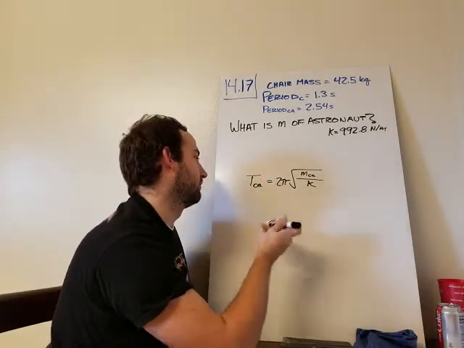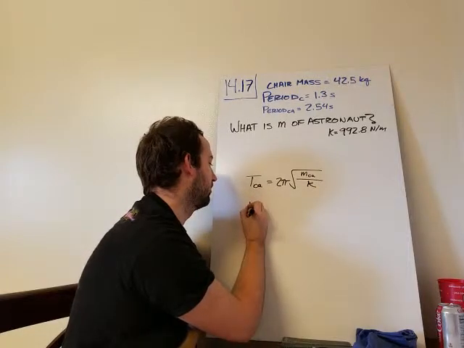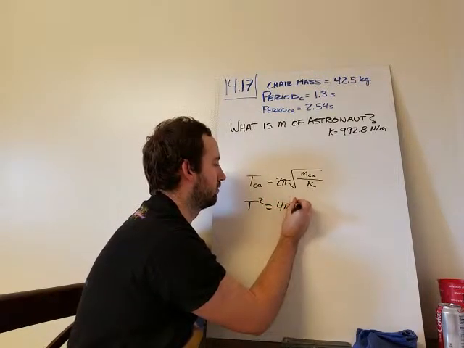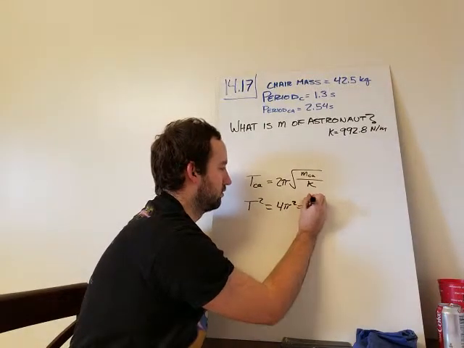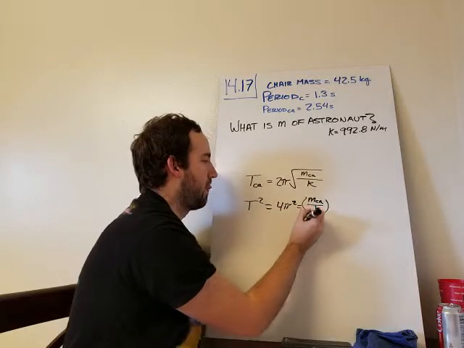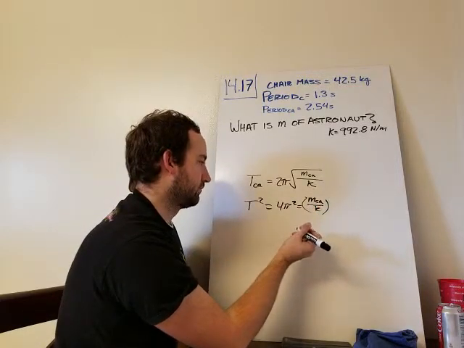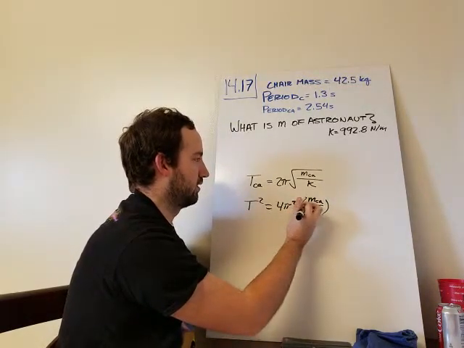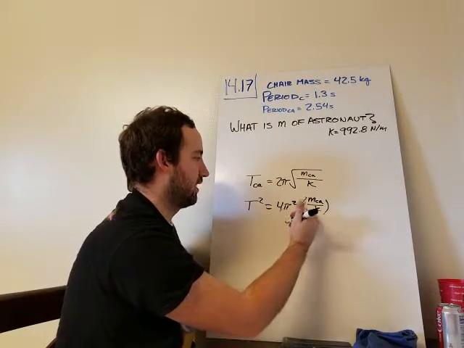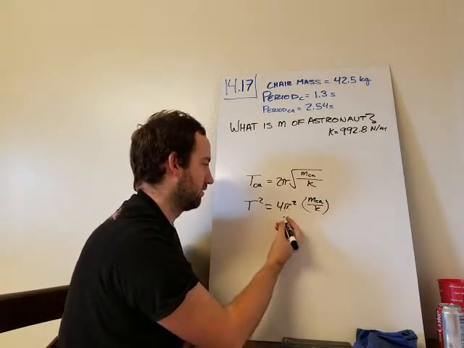We'll start out the same way. We'll square both sides. And then, oh, that is not equals, that's multiplied. So now we just solve for this mass.